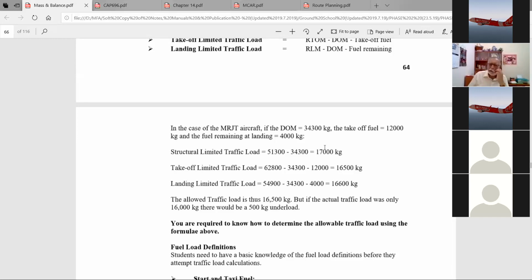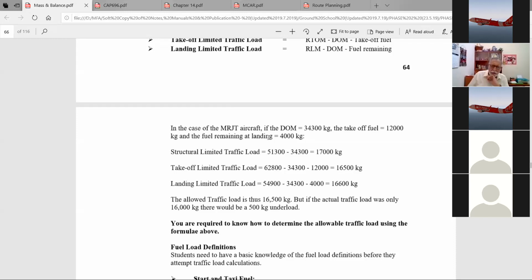Can you repeat again, sir? Yeah, MRJT, DOM 40,000. Takeoff fuel 18,000.